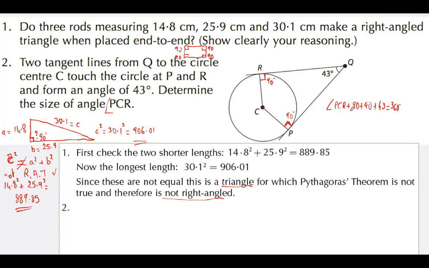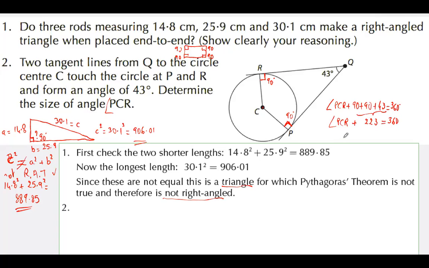I was adding up 90 plus 90 plus 43. That was only giving you 223. Yeah, so that would be 223. You can do that, and then you find what is PCR: 360 minus the 223.